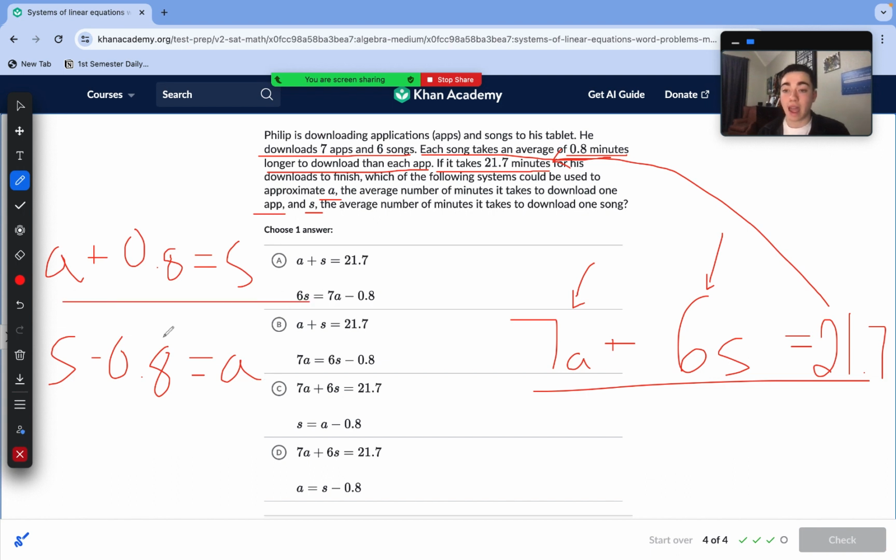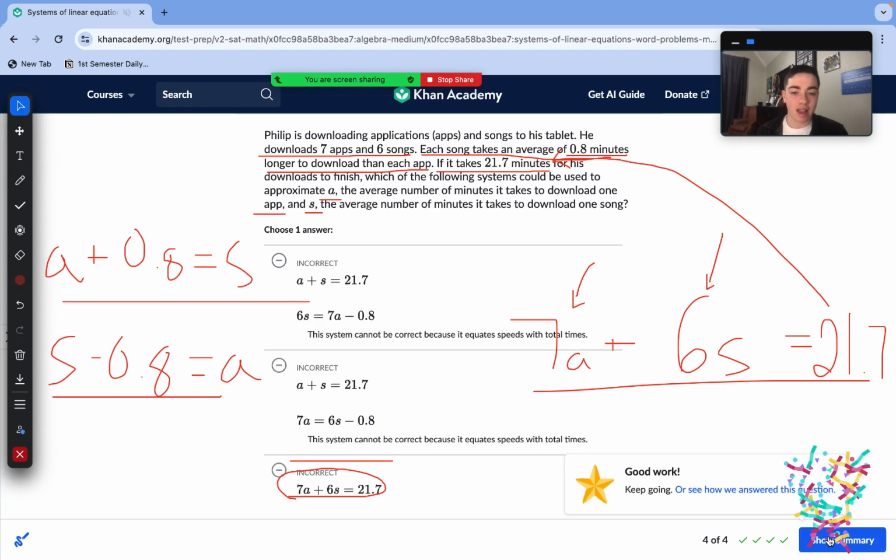These are the same equations. I just moved over some variables. That's extremely important to know here, because that format matches this equation right here. Our A = S - 0.8. And then this equation matches our first one. So answer choice D is the correct answer here.